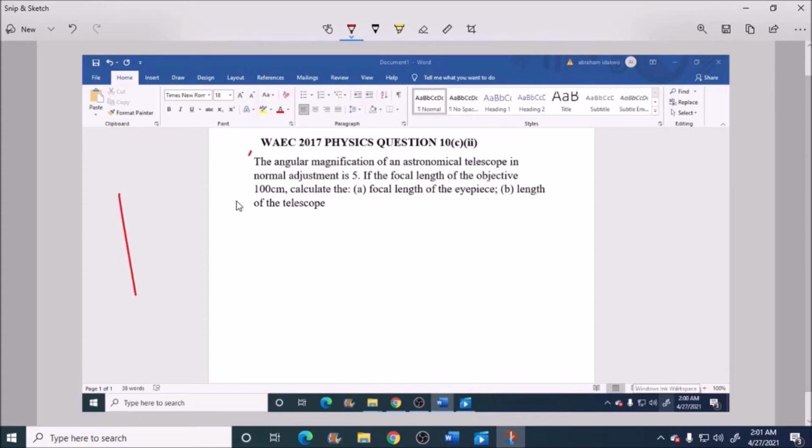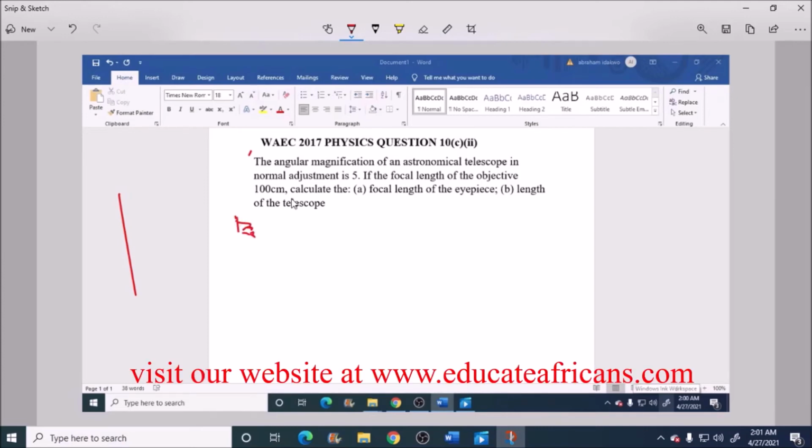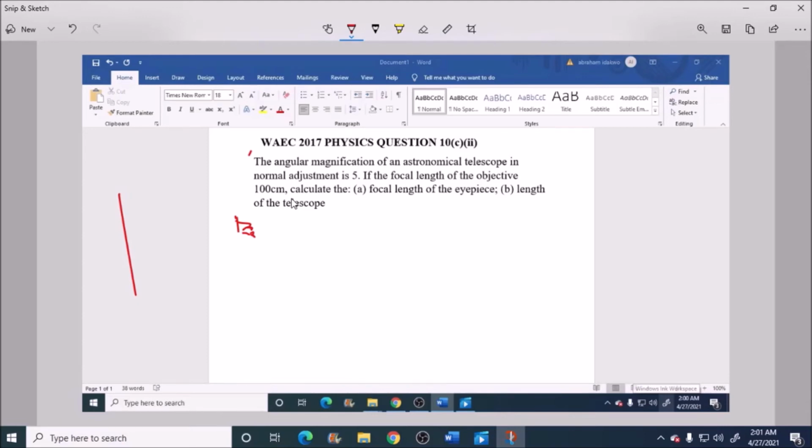A, solving for A, magnification is equal to focal length of the objective lens over the focal length of the eyepiece, and then magnification is given to be 5, and then we have focal length of the eyepiece to be 100 over FE.